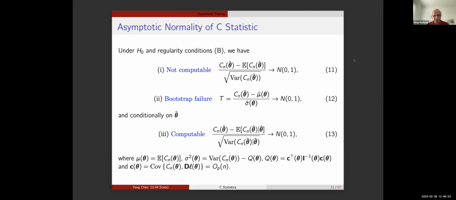So for 11, is it possible to come up with an example where it actually fails? Oh, this is easy to fail. Okay, that's a good question. Yang, can we come up with a simple example? For example, the C function is relatively easy to show, and how the corrected ones do much better.